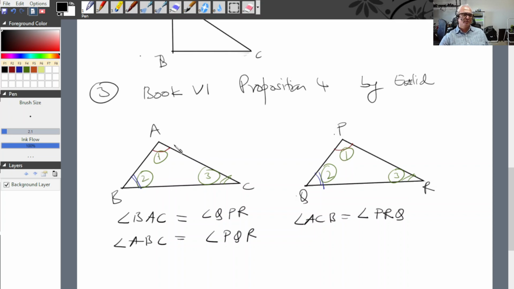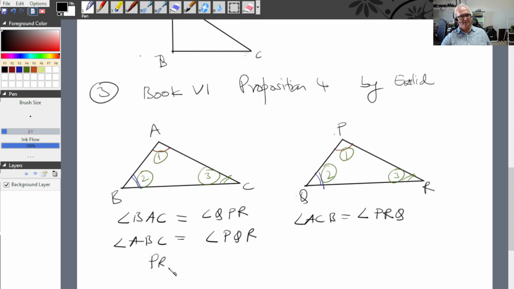So this Euclid's book 6, proposition 4 tells us that the ratios of the corresponding sides are the same. Let's start with angle 2. The opposite side of angle 2 is AC here and PR here.